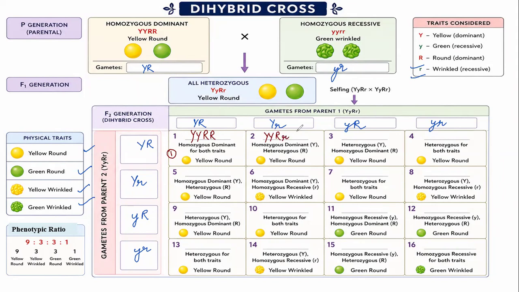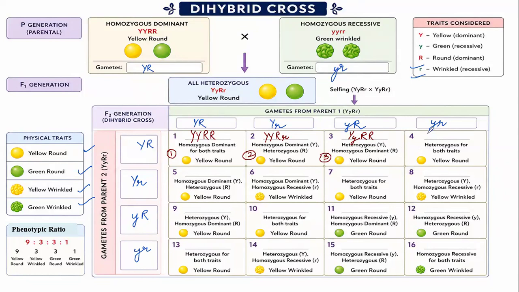You just have to observe and write. It's nothing difficult at all. Then it is capital Y, small y, and both capital R's. It is heterozygous for Y, but homozygous dominant for R. Again, all of these are yellow and round.